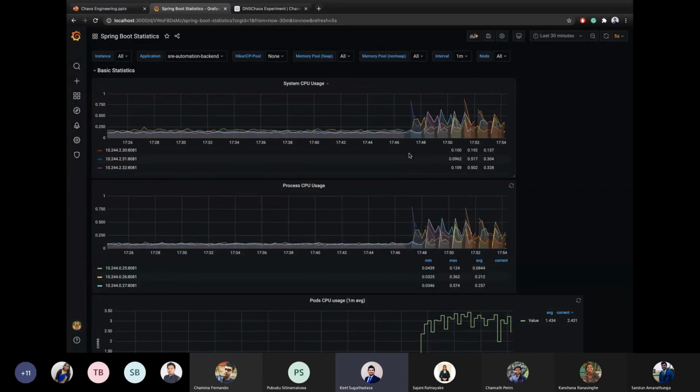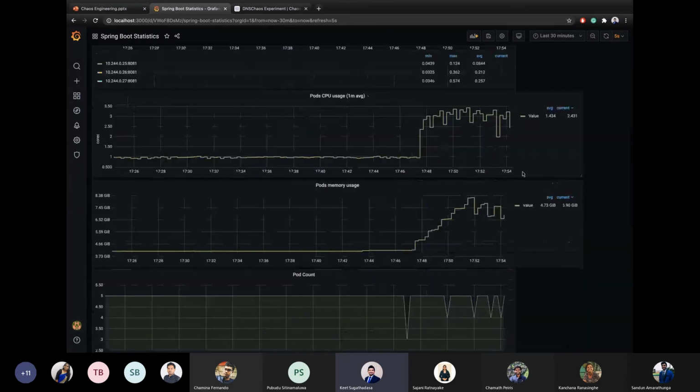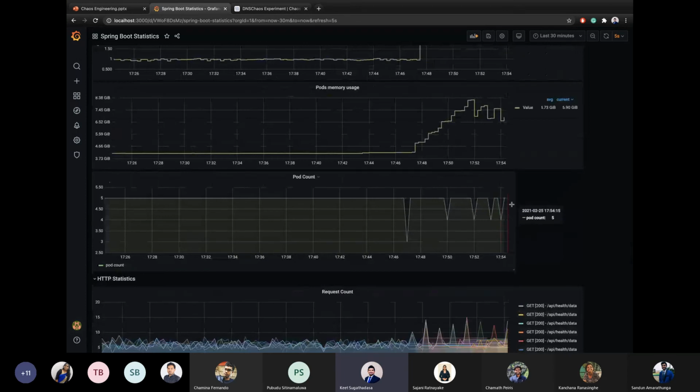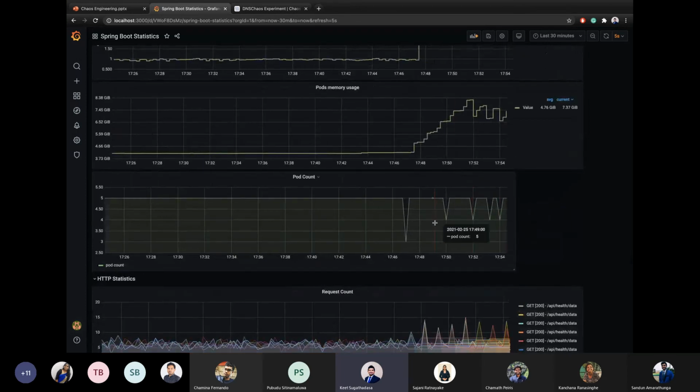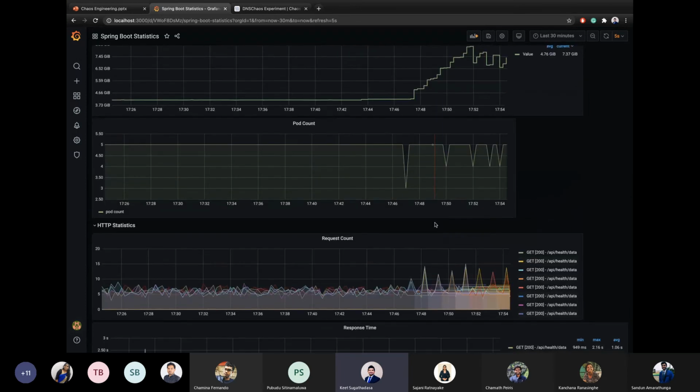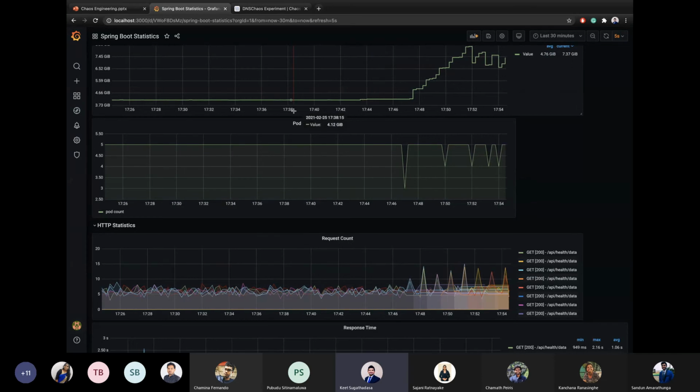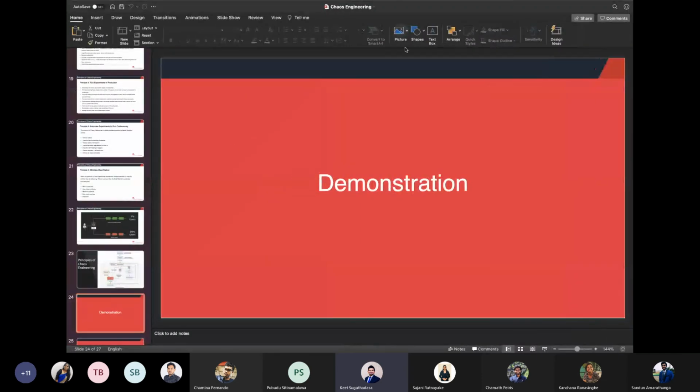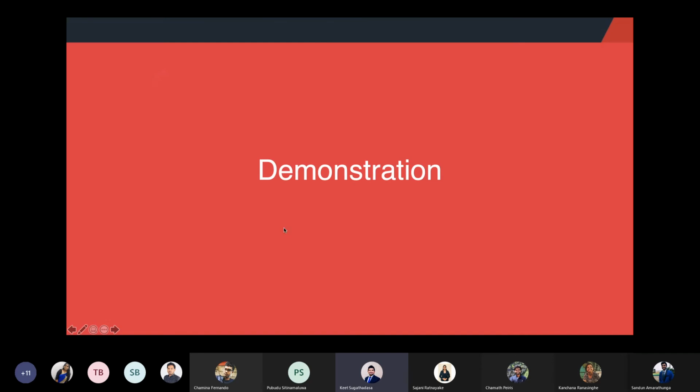So now I have stopped the chaos experiment, and it should start having a steady line in a few minutes. In the meantime, we can jump back to the presentation and have a look at the next slide.